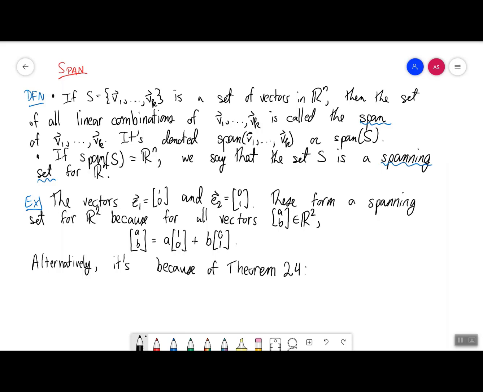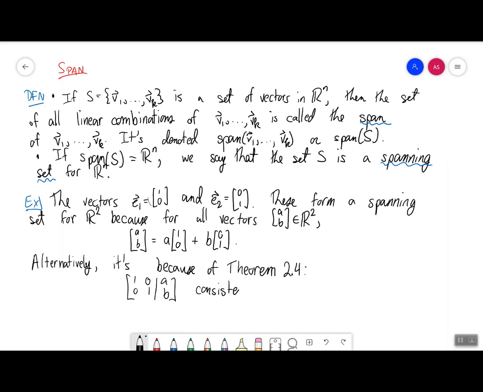Putting the vectors (1, 0) and (0, 1) into the columns of a matrix, and then augmenting that matrix with the target vector (a, b), we get a matrix which is in reduced row echelon form, and it is consistent, since there is no row which is all zeros to the left of the bar and not 0 to the right of the bar.